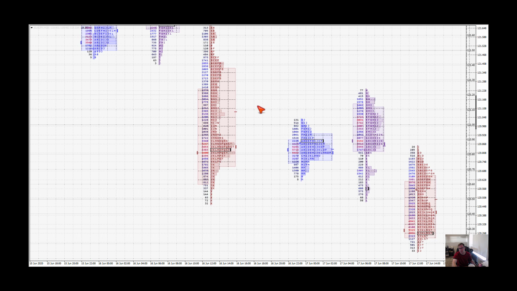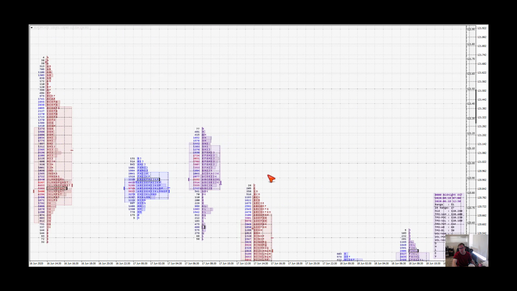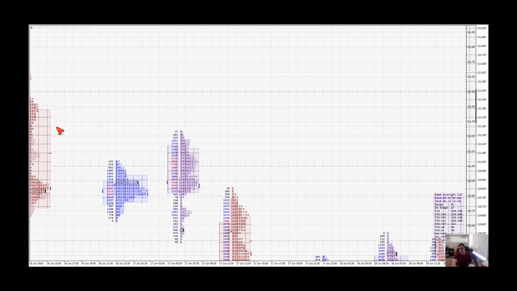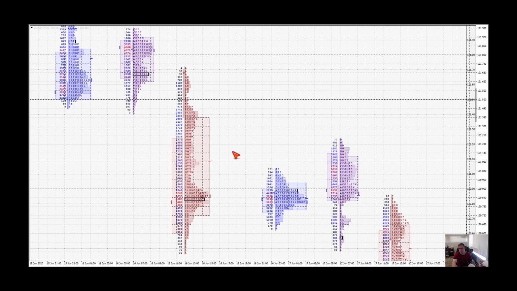The thing about market profile is that the market is giving you information that's present. So if you see signs that the market's going higher, but then you see signs in the past, you've got to understand that maybe the market is making a decision and the market is now different at this point.